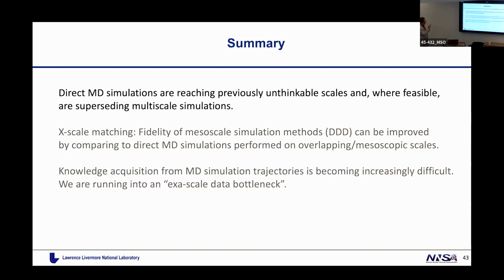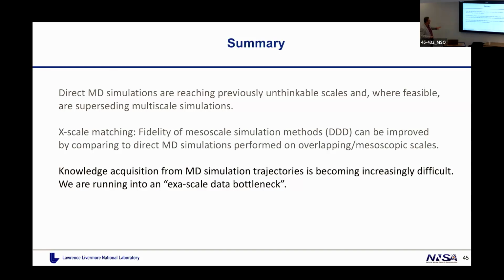Direct MD simulations have reached, in certain contexts, sufficient efficiency that you can run large and long simulations and actually gain direct access to all this data and compute the things that you want to. This practice of exascale matching, when you can run MD simulations and some mesoscopic simulations on the same scales, yields lots of interesting information, especially when they disagree clearly.